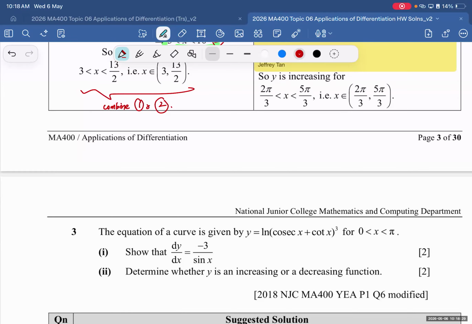Finish it by 11. I want it by 11. Go again. Then you do the PS3. Just see the rest.